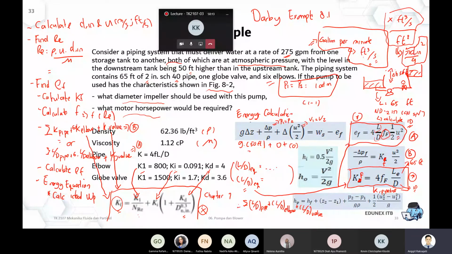Okay, so from this number, if you want to put the plus EF, that's fine. Plus EF will be equal to the ideal work of the pump. And then afterwards, you go to the pump curve.